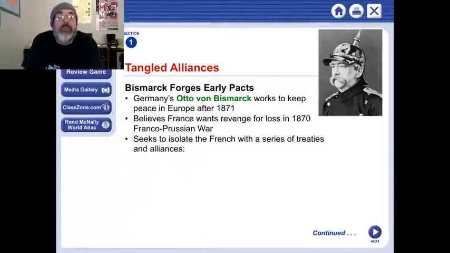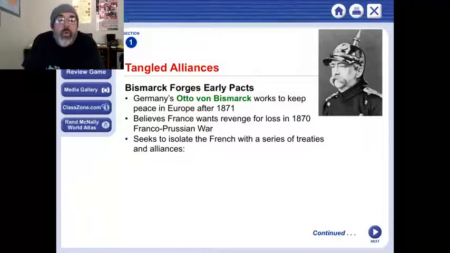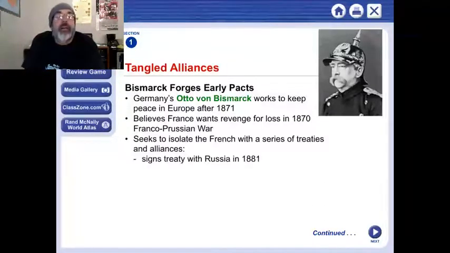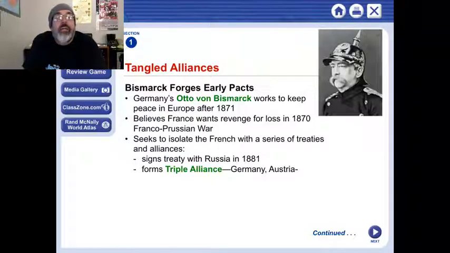Now, there are 5 great powers. Bismarck's goal is to always have Germany on the side of 3 versus France and one other, so 3 versus 2. And so they form alliances. He signs a treaty with Russia in 1881, and then he forms the Triple Alliance with Germany, Austria-Hungary, and Italy in 1882.